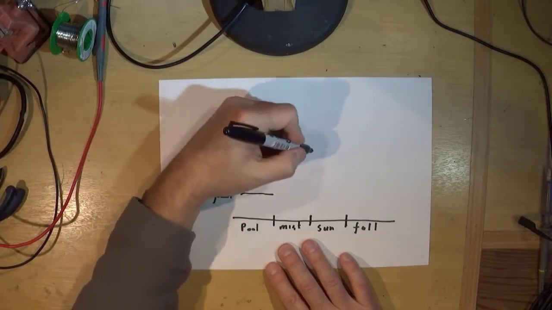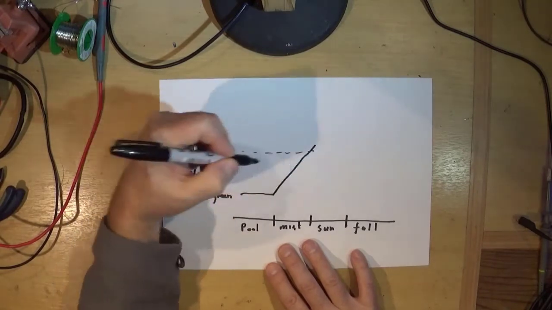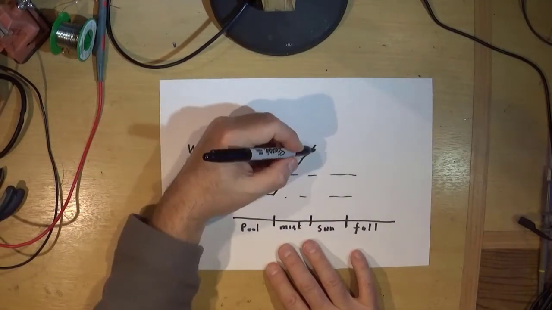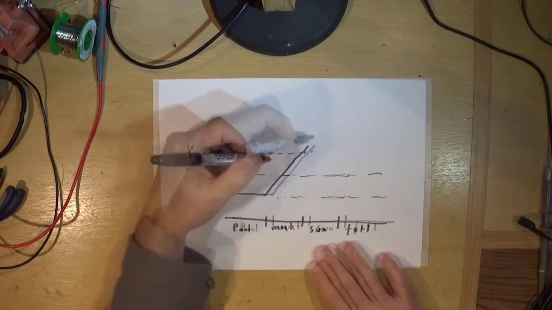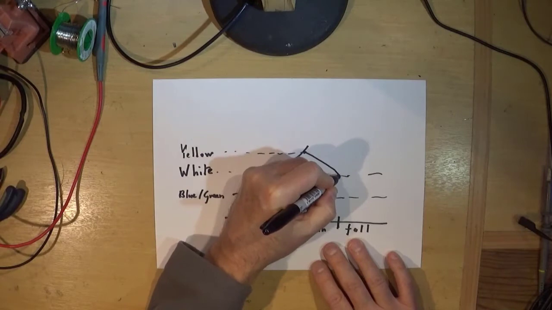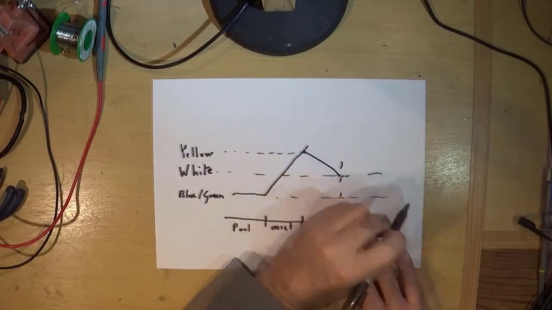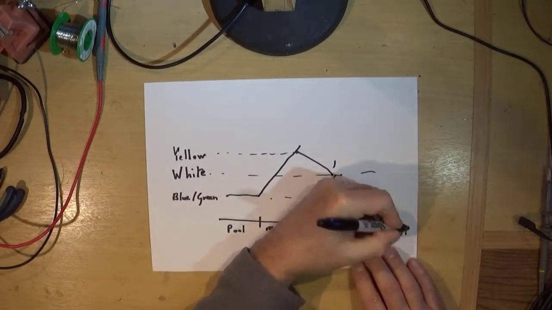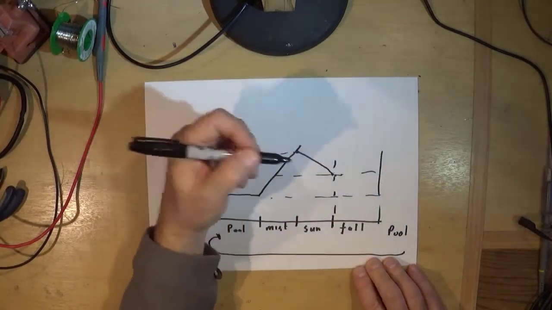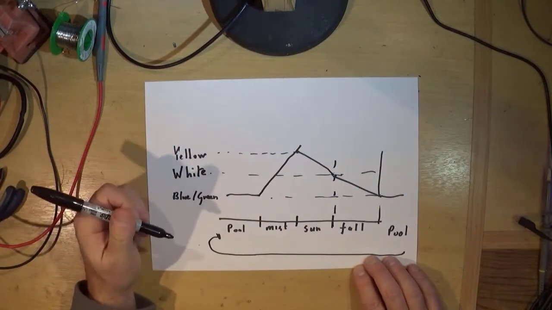In the mist it goes up from there to the yellow, to the sun, and from the sun it goes down into the waterfall, and once it's in the waterfall it goes back to the pool and loops round. It goes back to the pool and carries on in the pool.